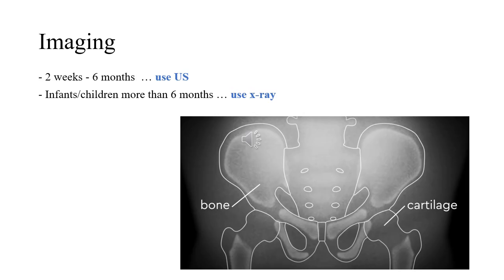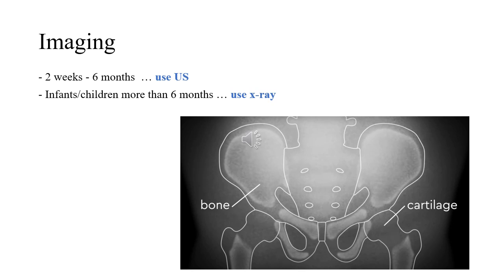Now this picture here is a very important picture. It shows the X-ray of the baby soon after birth. You can see the bony parts and the cartilaginous parts. This tells me that the hip joint cannot be fully visualized on the X-ray in very young babies.